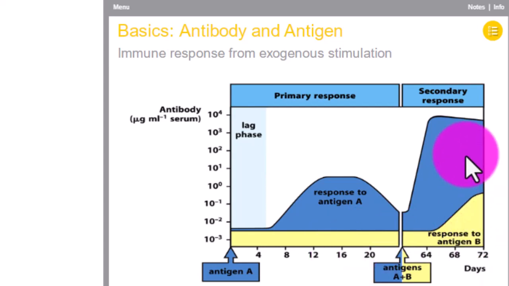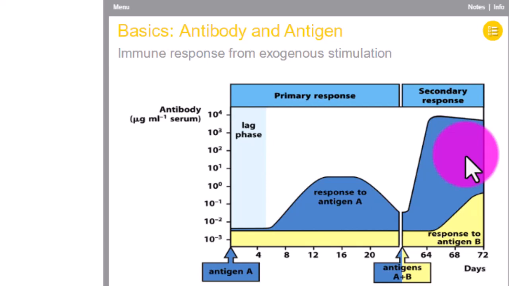The second response is faster and stronger, with no lag phase. And this is also the idea of vaccination. We expose the body to the antigen and the body produces memory cells.